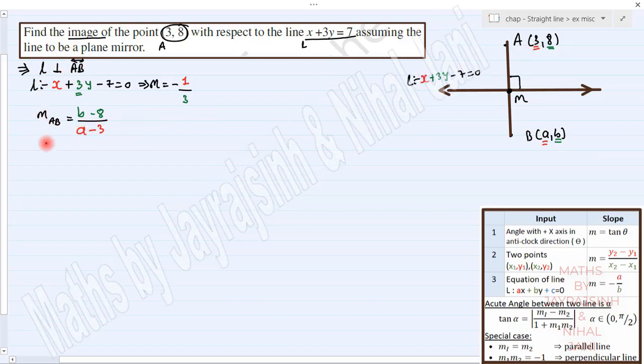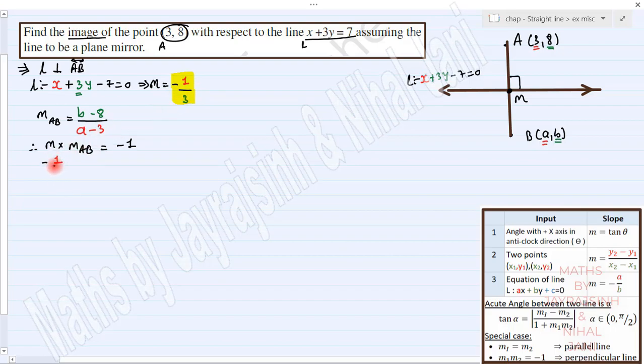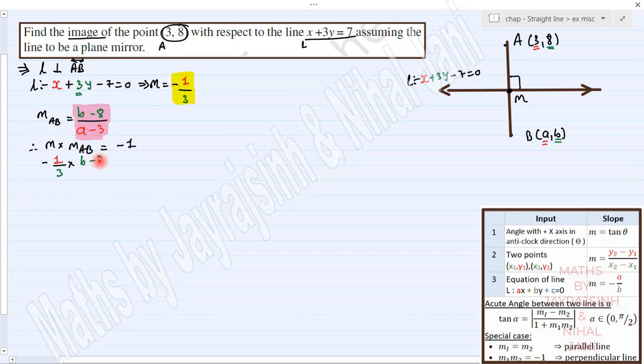Now, it is given that L is perpendicular to AB. So we can say m into m_AB must be minus 1. Your m is given by minus 1 by 3, and your slope of AB is given by b minus 8 upon a minus 3.